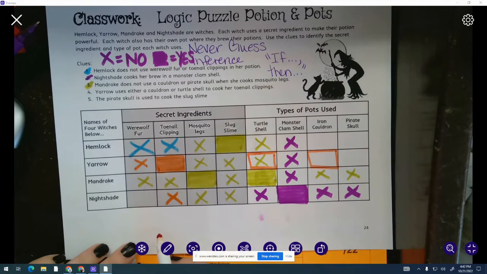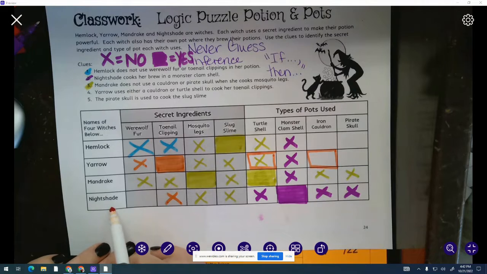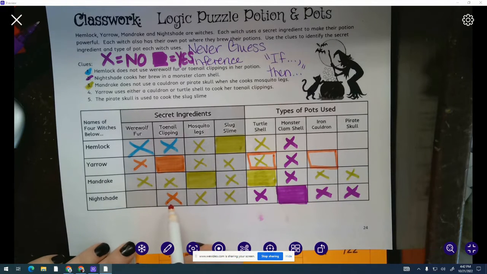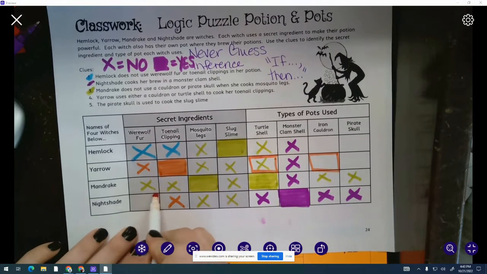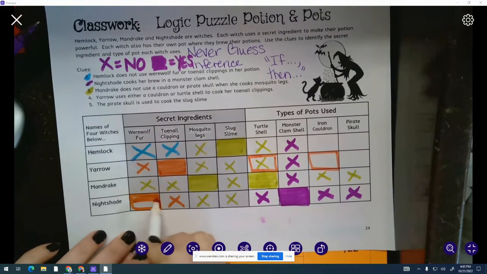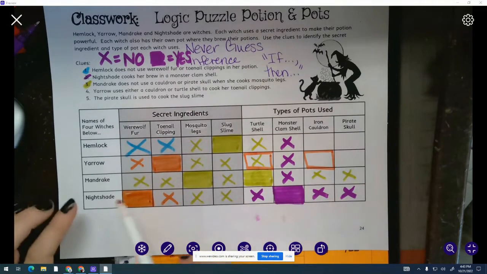Oh, check it out. What do we know about here? If Nightshade is not using toenail clippings, mosquito legs, or slug slime, she must be using werewolf fur, and no one else is using it. Wow, now let's look over here.